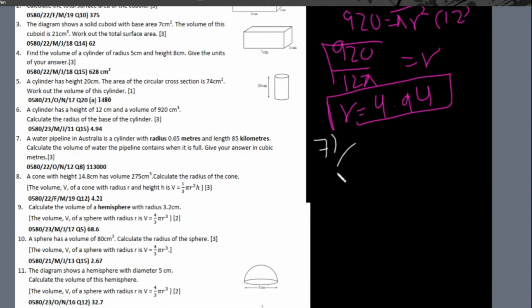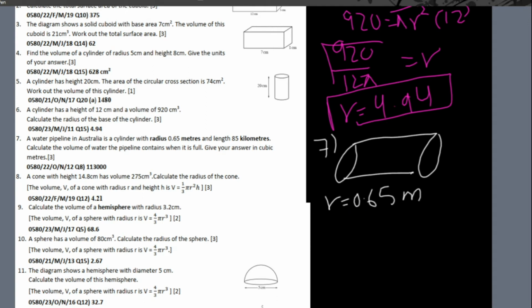We have a pipe in the shape of a cylinder whose radius is 0.65 meters and length, which is the height, is 85 kilometers, which I'm changing into 85,000 meters.